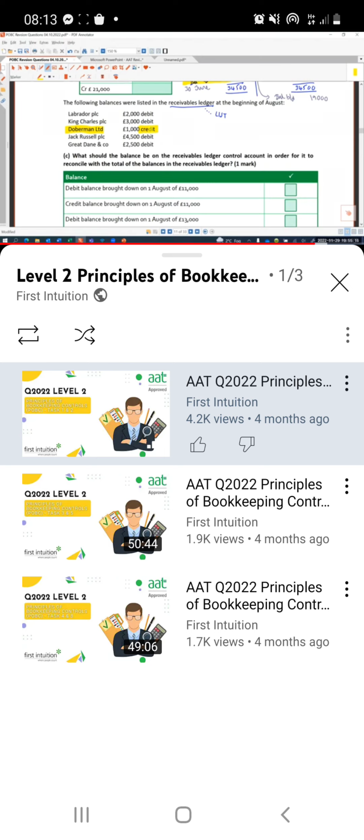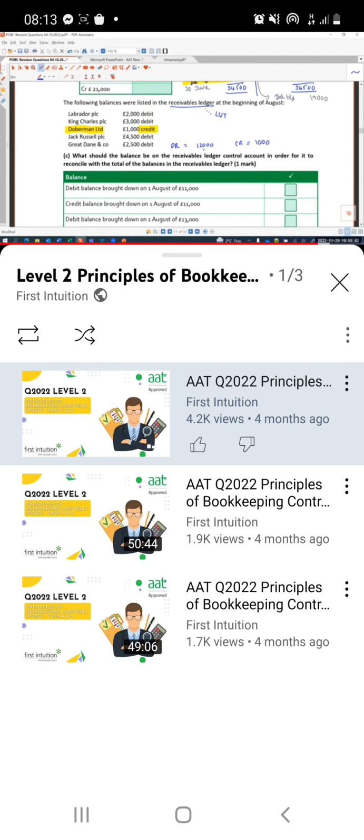So when I have to add this list up now, I add up all the debits and say, well, I've got 3, 4, 5, 6, 7, 8, 12,000 altogether in debits. So they're the people that owe me money. But I've got one person, Doberman, who's a credit, and I owe them. So they must have paid me and forgotten and paid me again.